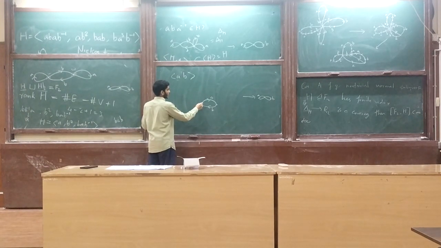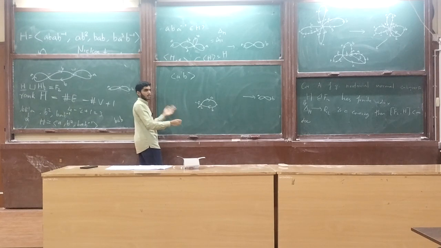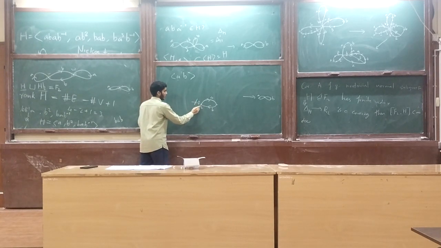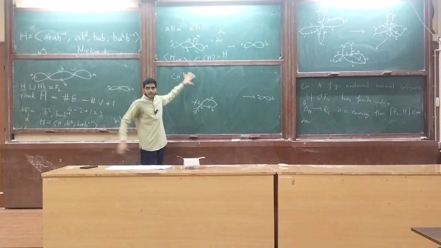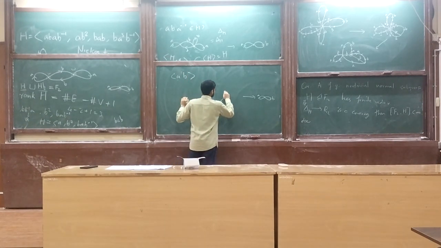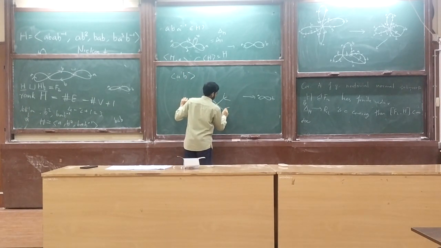So what you can do is you can attach the edges. Just there wasn't an edge coming in, so I attached an edge. There wasn't a B edge going out, so I attached an edge. And now these vertices are again there, the condition is not fulfilled for them, so I attach more edges, and I keep going, and now I've attached infinite trees on this side, and infinite trees on this side.